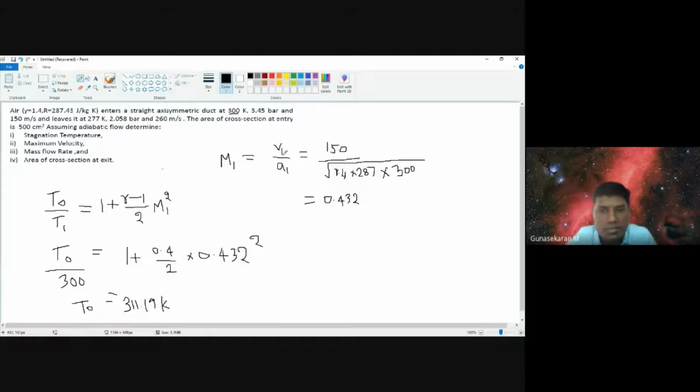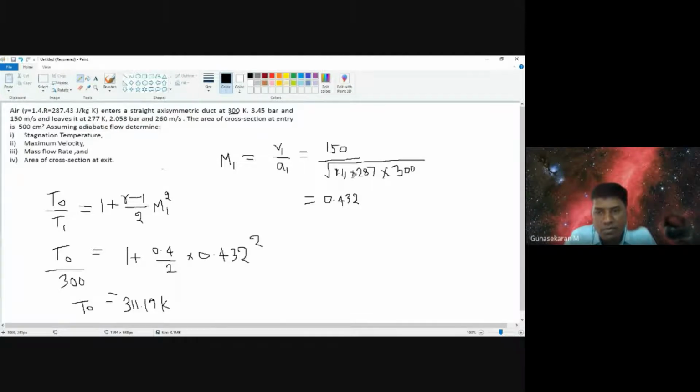V1 is the flow velocity and a1 is the speed of sound. V1 is given at the entry condition as 150 meter per second. And a1 is the square root of gamma RT. Those values are also given.